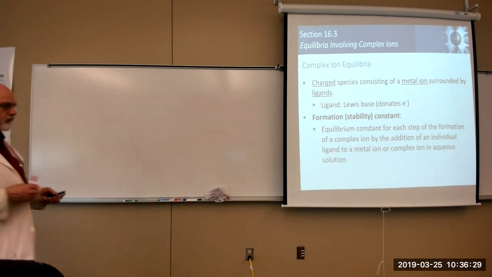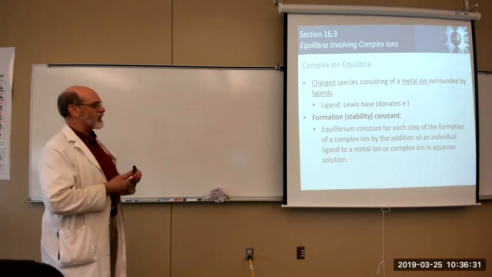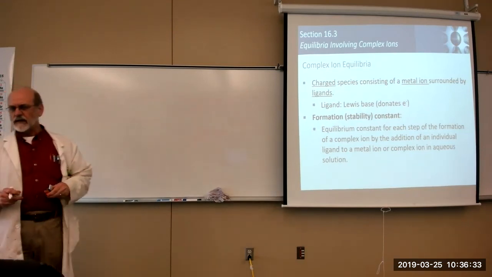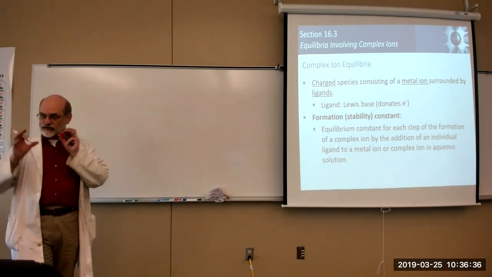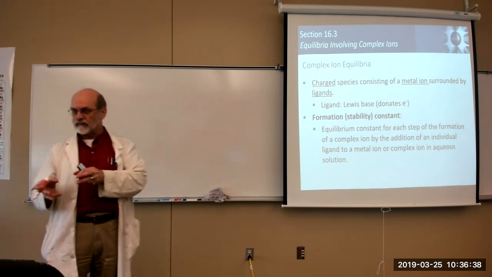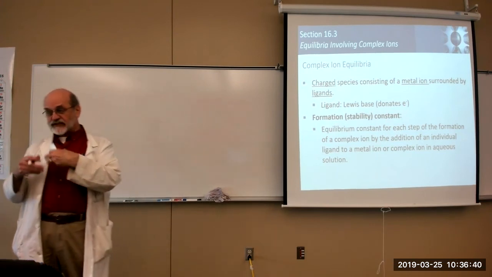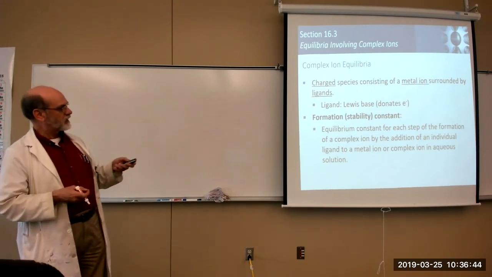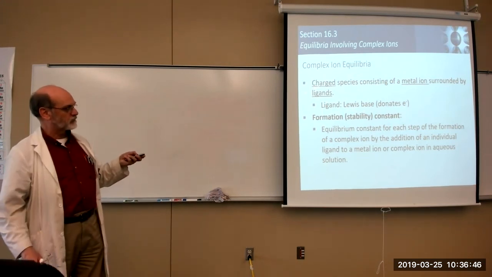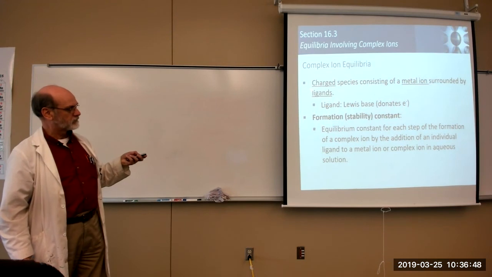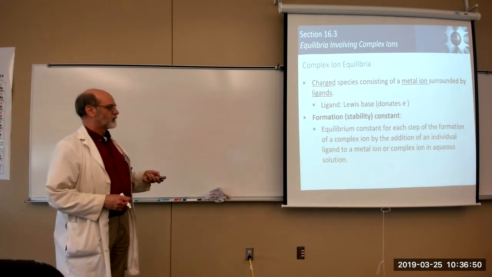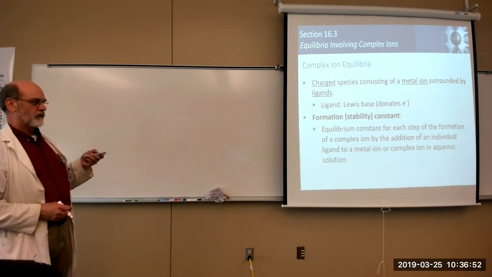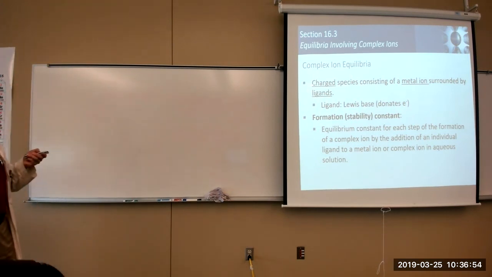Complex ion equilibria. The thing about complex ion equilibria is the complex ion does form in solution, but it stays in solution just like the ligand that it comes from, right? So what's a ligand?